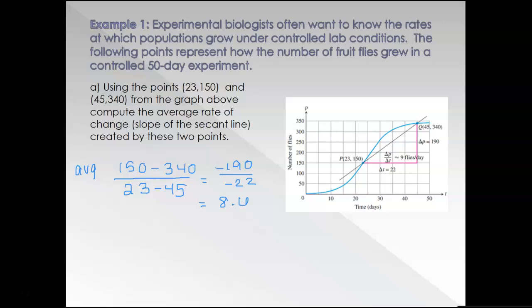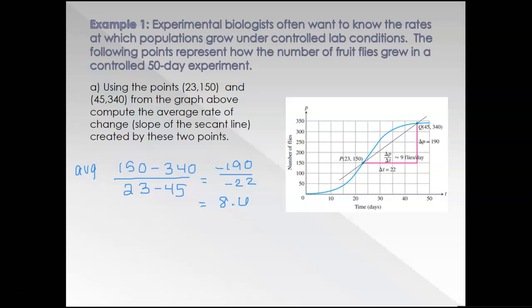So what does that 8.6 represent? Well, on day 23, there were 150 flies. On day 45, there were 345.